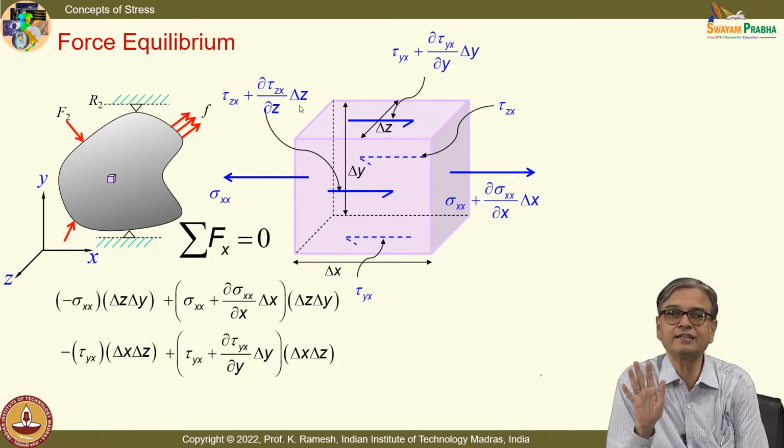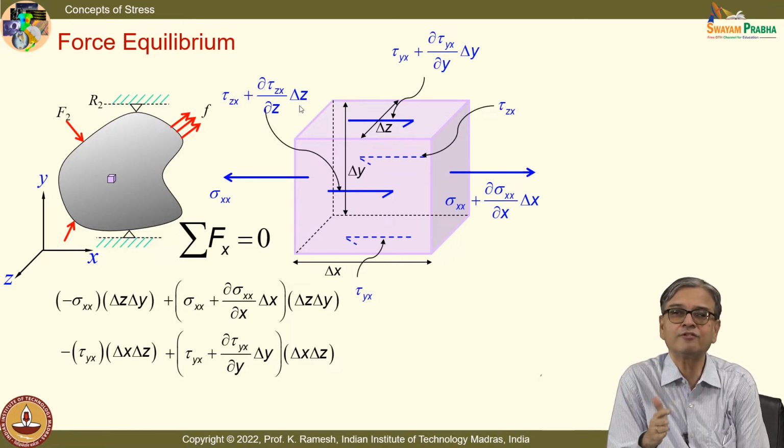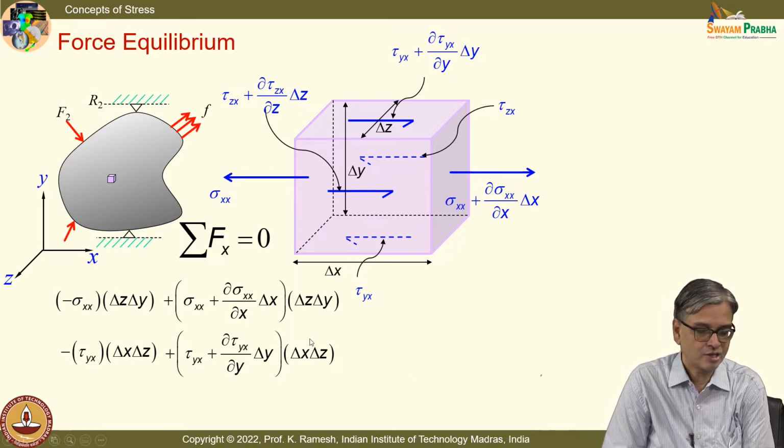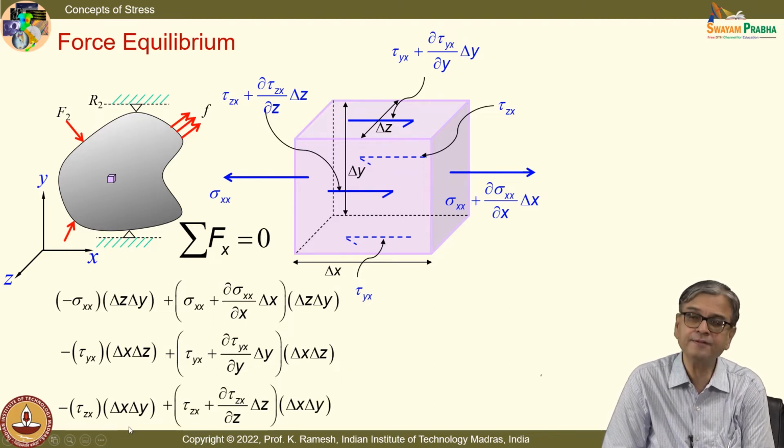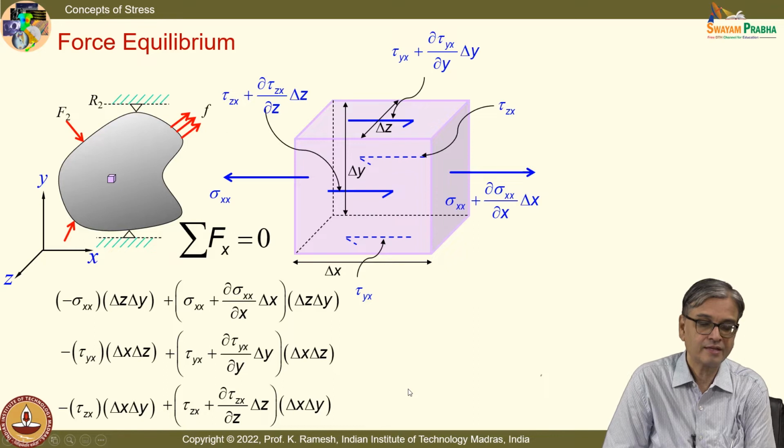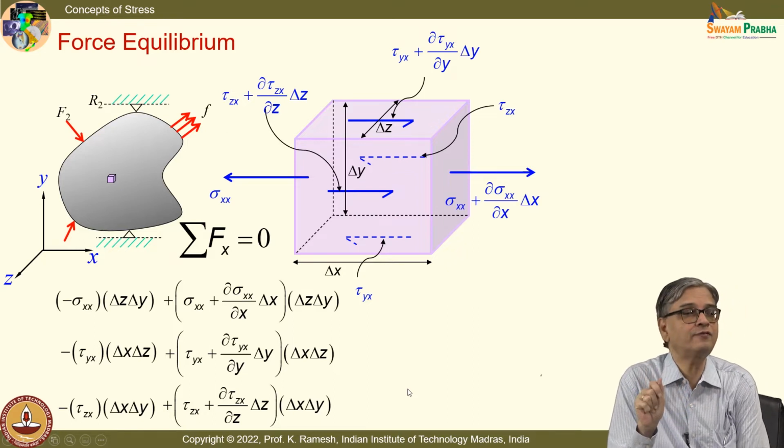Is there any difficulty at this stage? Once you have written this, you can always write the force. So we will write the force minus tau zx into delta x delta y, that is the area. And I have tau zx plus dou tau zx divided by dou z into delta z. The area is delta x delta y. Have we accounted for all the forces acting on the system? Yes or no?